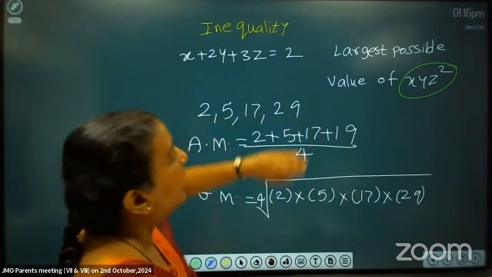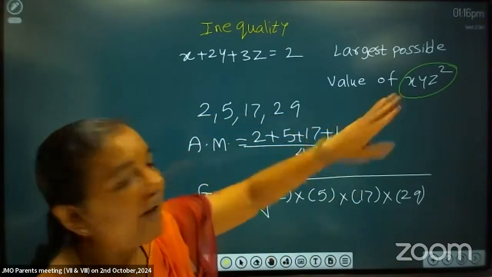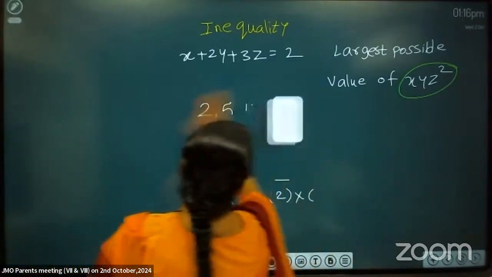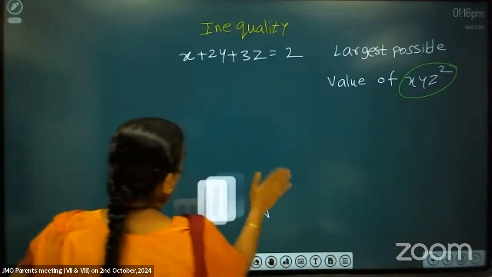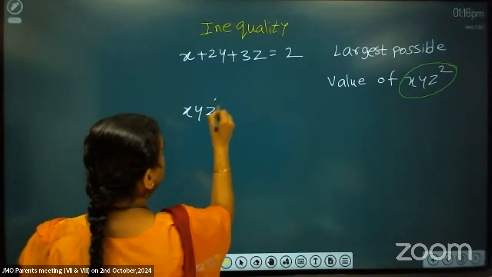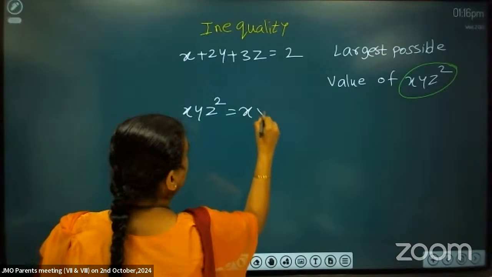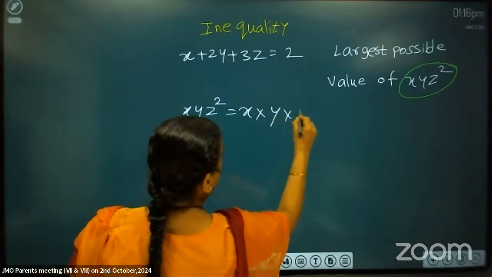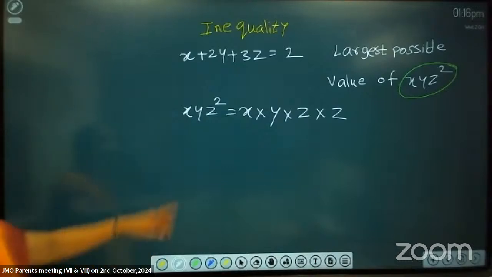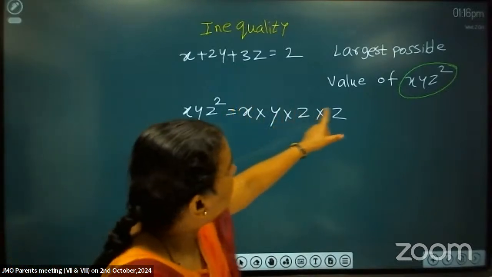Now here, I am talking about x, y, z square. Now when you say x, y, z square, see how we write that? X, y, z square means x multiplied by y multiplied by z multiplied by z. It means there are four indices, no?